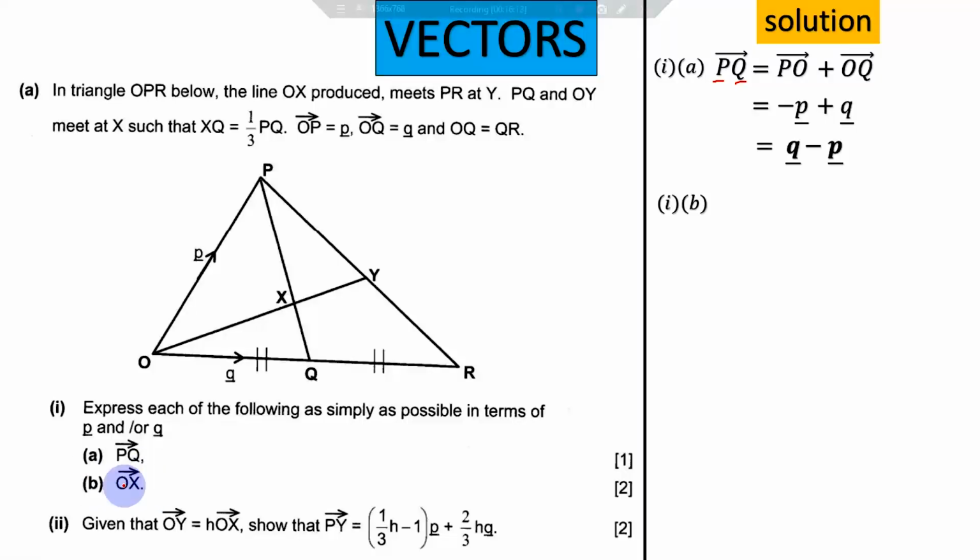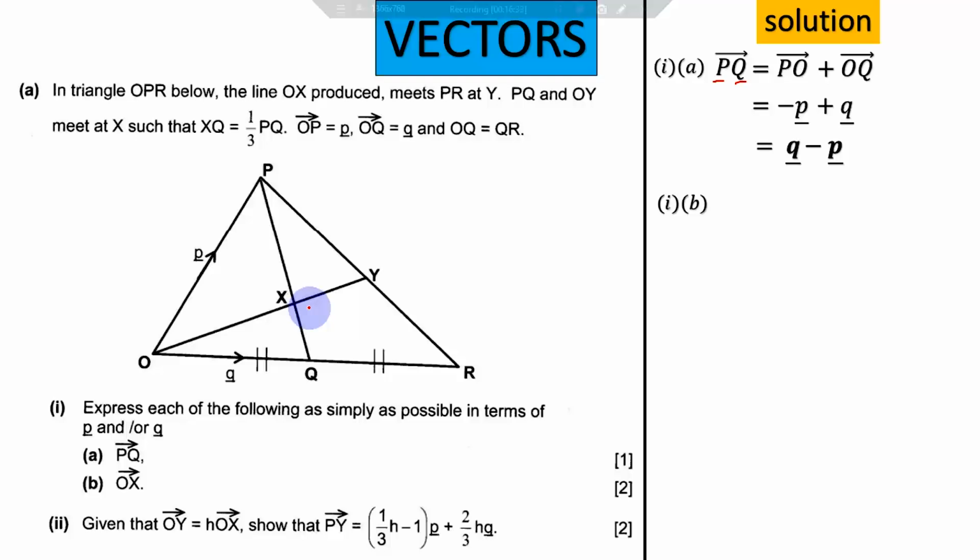Find vector OX. We can go from O to P, then P to X, or OQ, then Q to X. They are both okay.